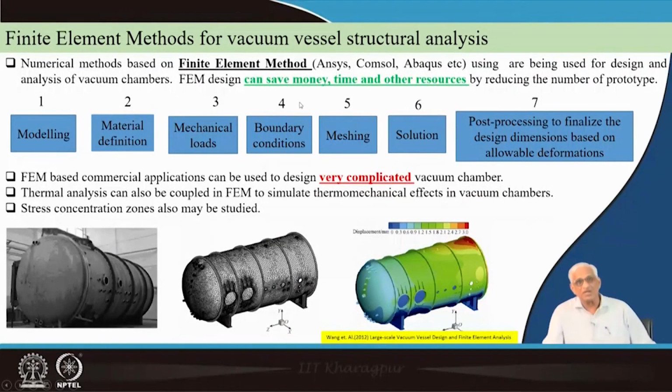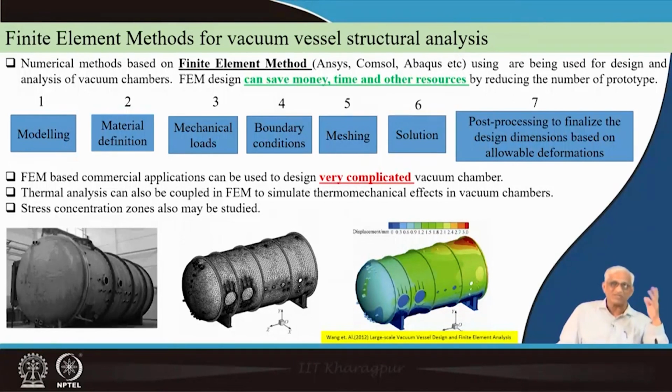Nowadays, very good software is available using COMSOL or ANSYS with finite element methods. Same vacuum chamber with stiffeners, for example, cylindrical shells, you have to make some meshing to make finite elements. This is a standard exercise done in structural design as well as CFD. Everywhere you do this.